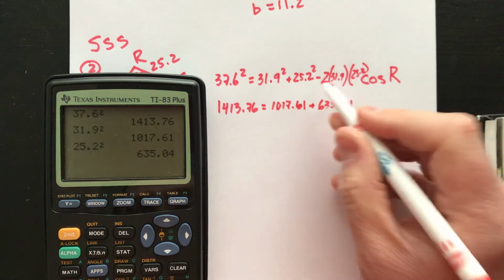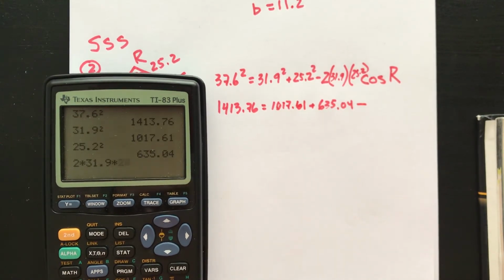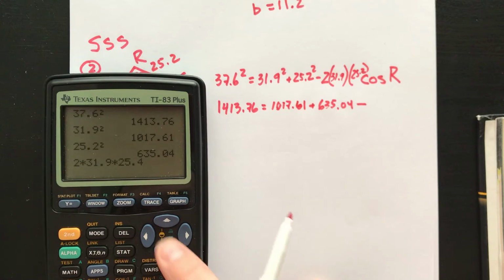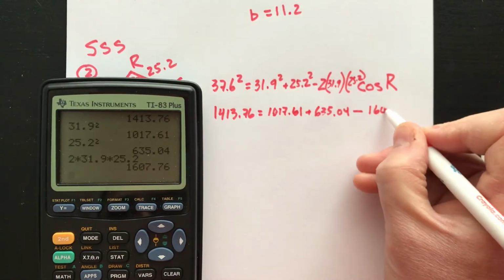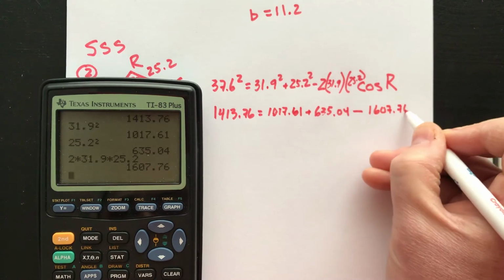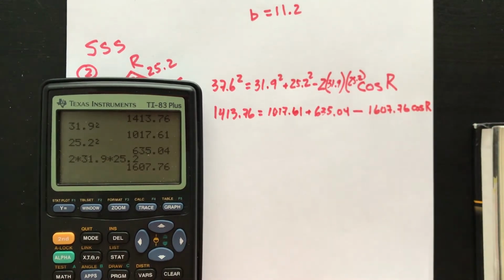Now I'm going to bring that minus sign down and then do 2 times 31.9 times 25.2 is equal to 1607.76 cosine of r. Okay?